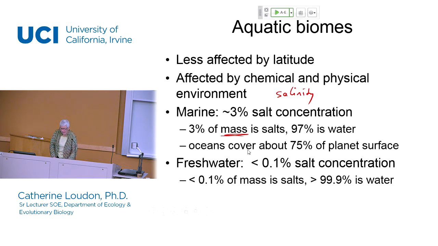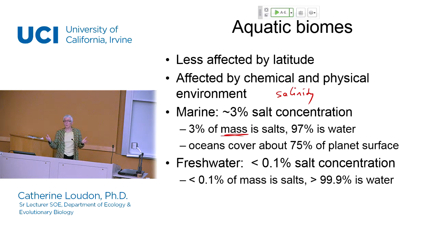Oceans cover about 75% of the planet's surface, and it should not surprise you to know that there's a disproportionate coverage of oceans in the southern hemisphere. After all, we talked about a disproportionate amount of land in the northern hemisphere, and because the northern and southern hemispheres are approximately the same size, where there's not land, what is there? Well, there's ocean.